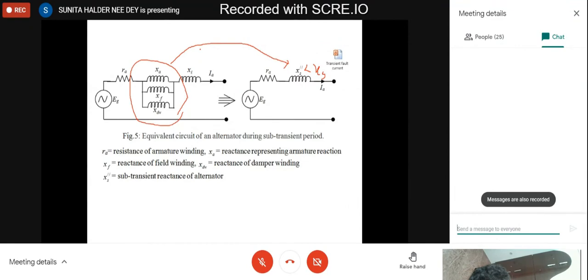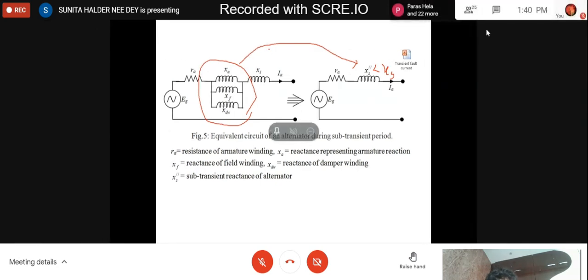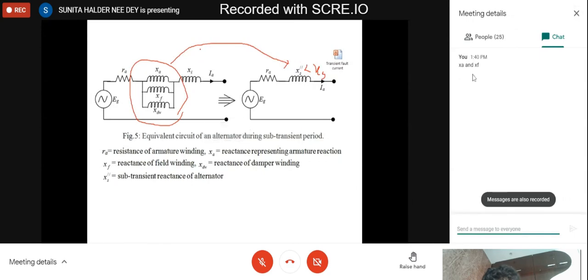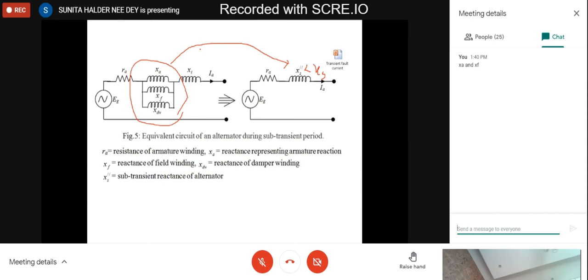S and A will be near to each other, because generally we make the electromagnetic circuit in such a way that leakage is minimum. That's why we make the air gap as small as possible. Leakage of a magnetic circuit, when there is an air gap, depends on the length of the air gap. Can you remember? In your magnetic circuit, you have learned that. Yes, ma'am. If the air gap is more, then the leakage will be more.